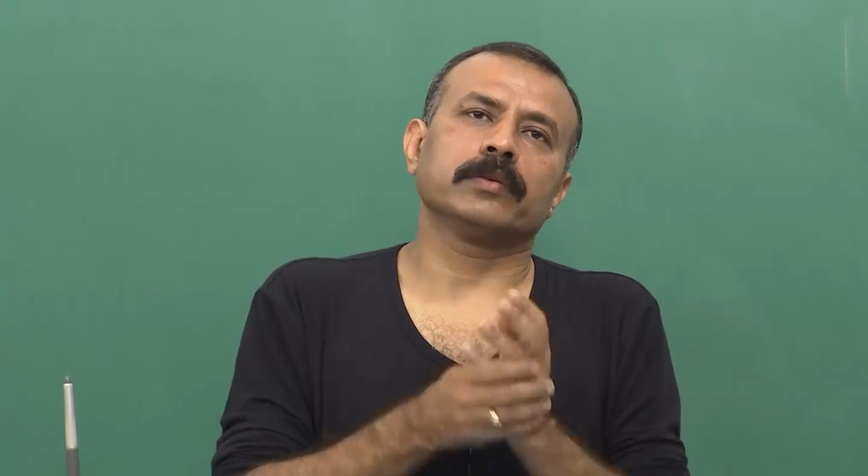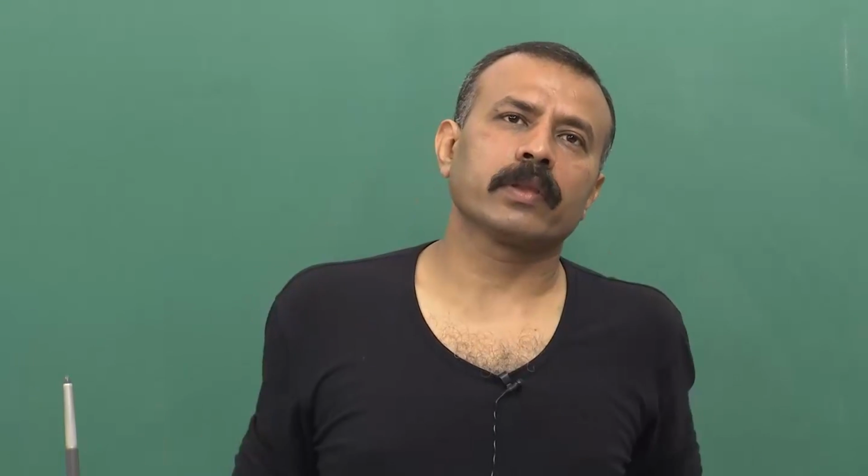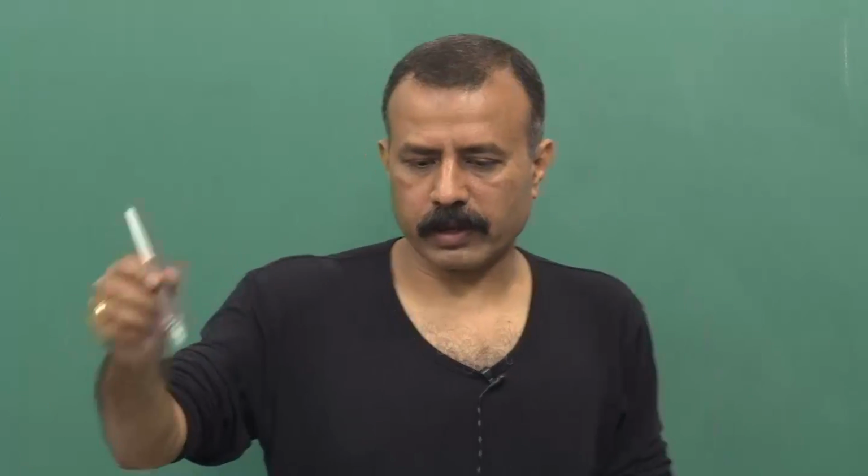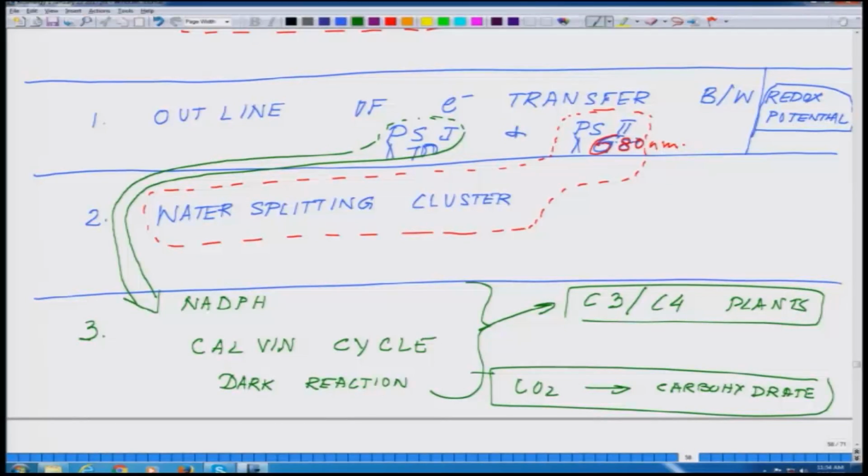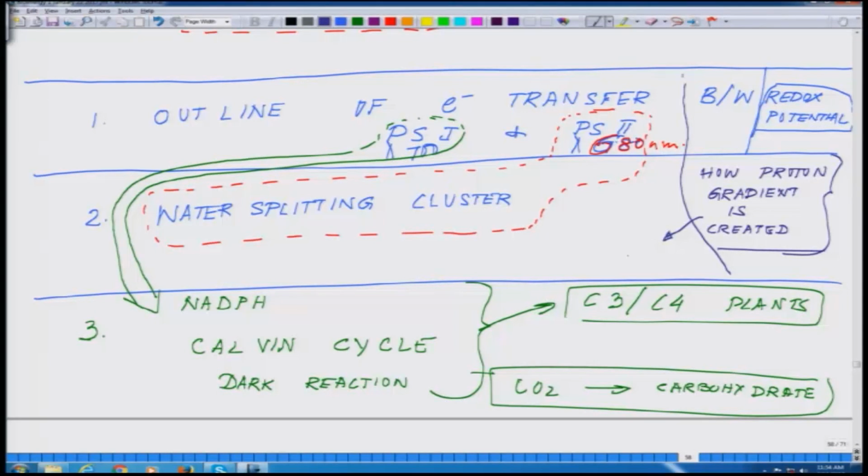We talked about the arrangement of the thylakoid membrane, and within the thylakoid membrane, okay, let's come back to the slide once again, and here also we will talk a little bit more, as part of this, how the proton gradient is created. This is very important. So, it just slipped out. This is another thing which we will be talking about, which actually leads to generation of the ATP.